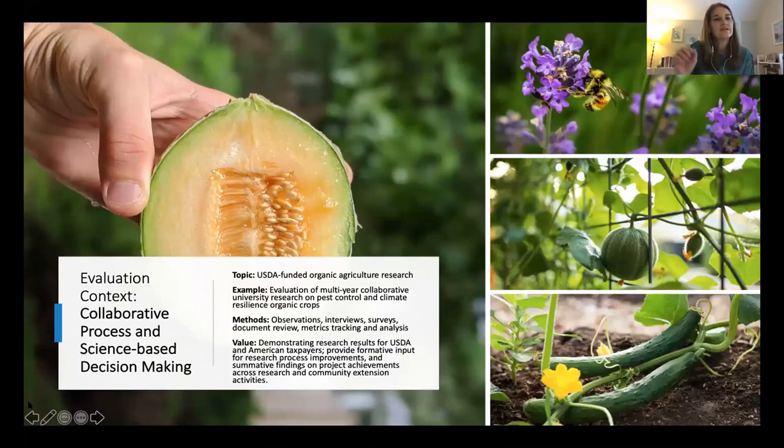A different type of evaluation here is the type of process evaluation that is actually required for, at this point, a range of funded research in the US.